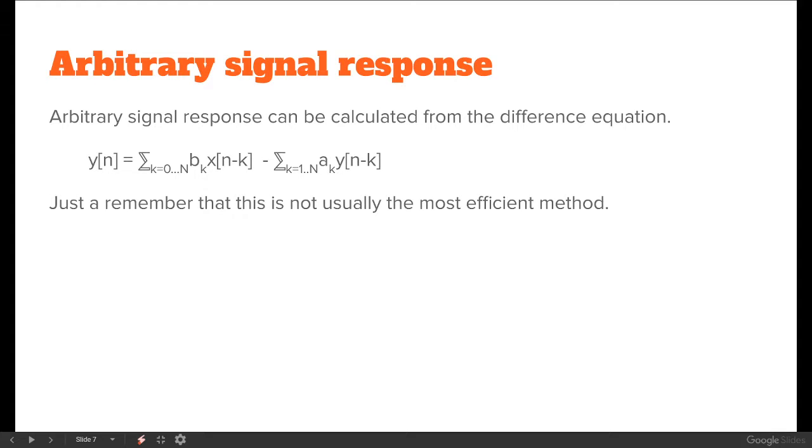In MATLAB or Octave, this arbitrary signal response is calculated by the command filter, where you have the filter coefficients B and A as the parameters, and the third parameter is the input data.